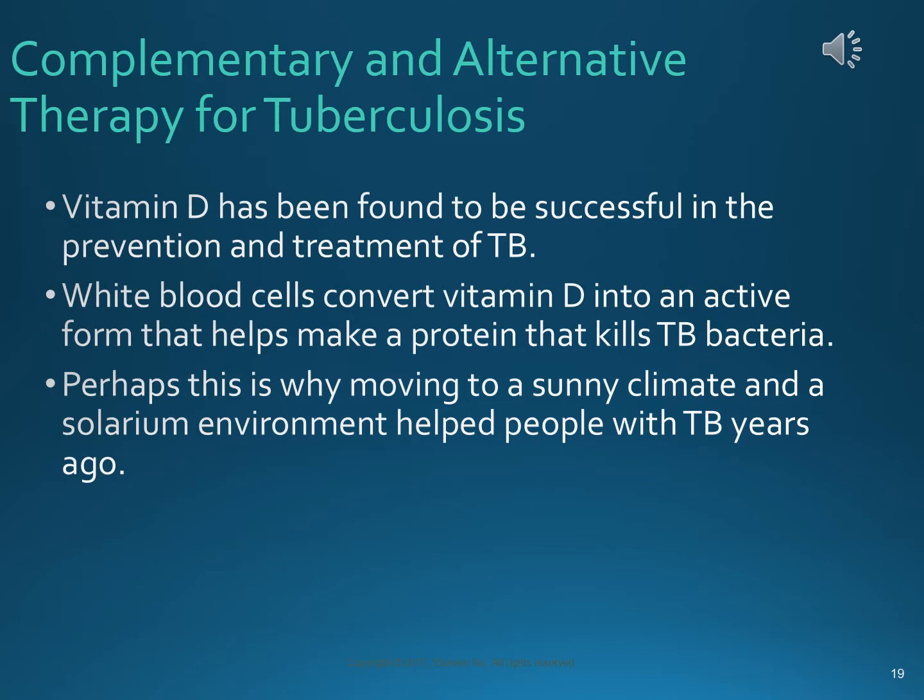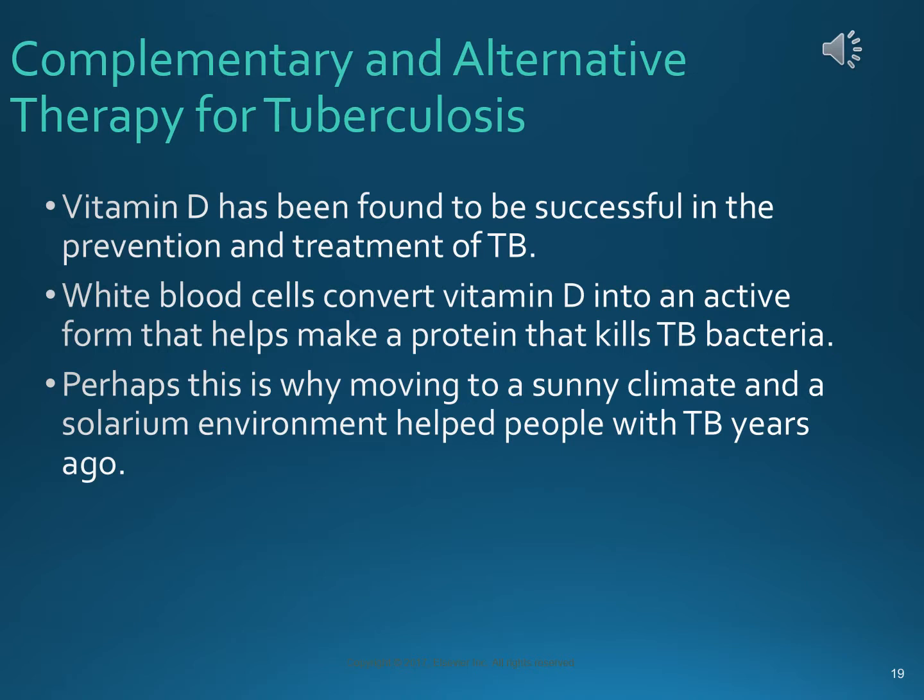Complementary and alternative therapy. This is really interesting. Vitamin D has been found to be successful in the prevention and treatment of TB. White blood cells convert the vitamin D into an active form that helps to make a protein that kills the TB bacteria.